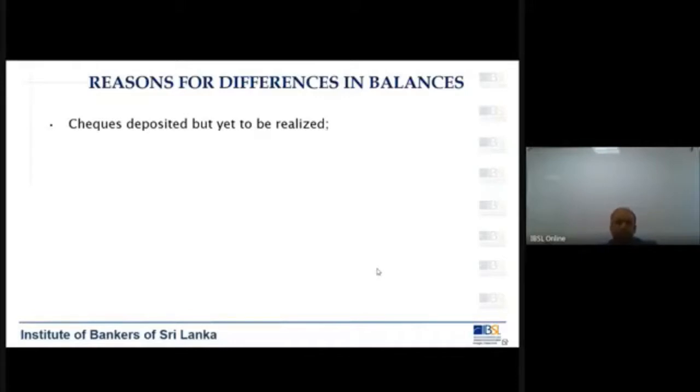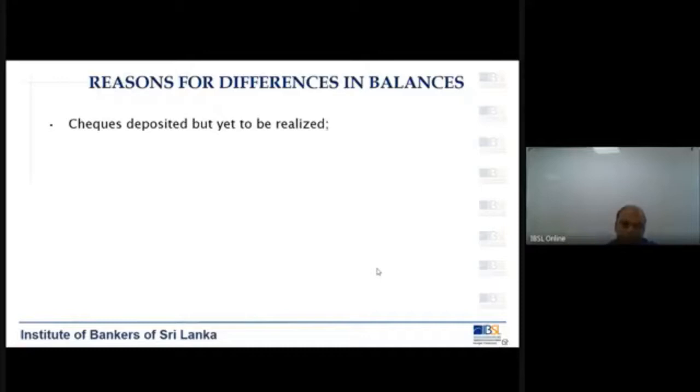Checks are deposited, but the bank will not immediately give you credit for the checks deposited. Why? There is a clearing process. So it has to go through the clearing house, and then only the funds will be made available for you to be withdrawn.